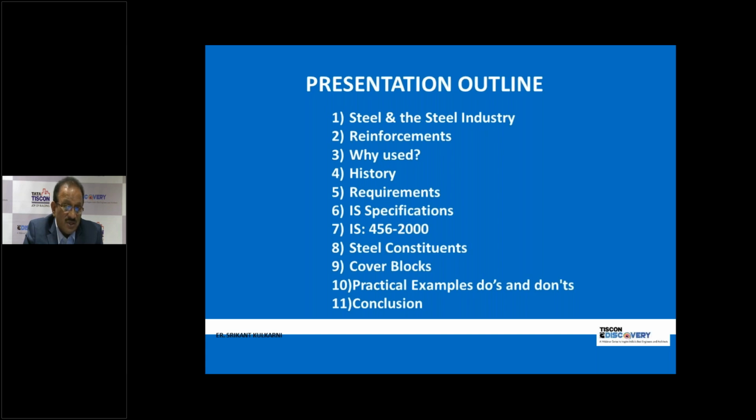We will also cover the impact of corrosion on the construction, and through a few interesting slides we will see practical examples of do's and don'ts when it comes to reinforcement. And finally, we will conclude, and then we will be taking the question answer session.